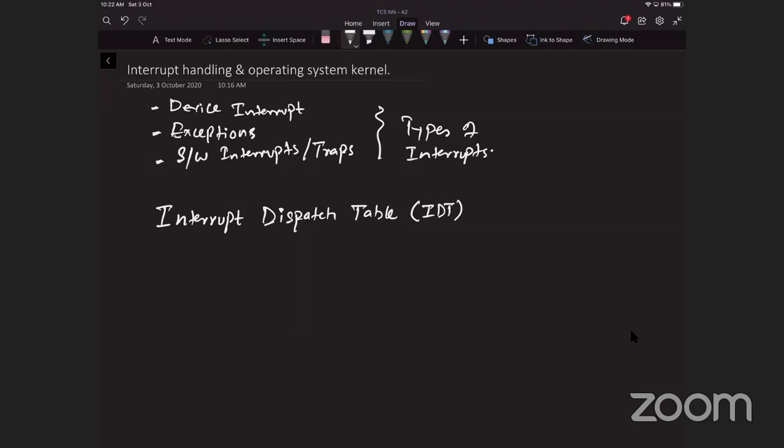The process with the lower interrupt priority level is saved in the interrupt register and is handled or serviced when the IPL value falls to a certain level.